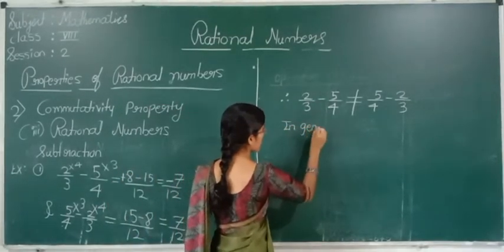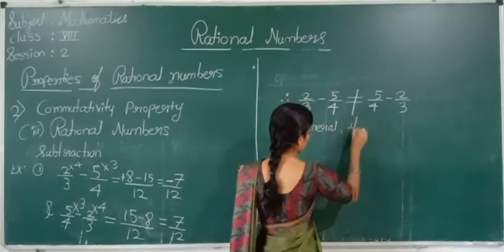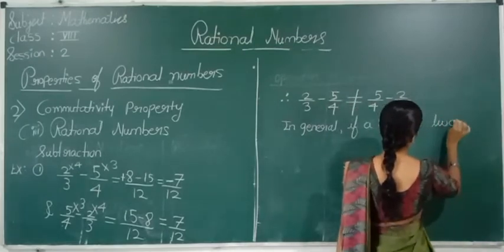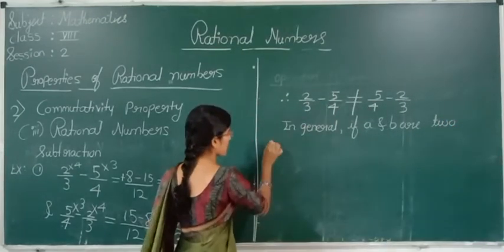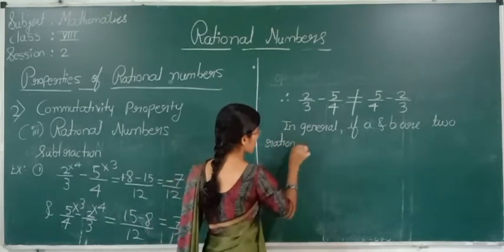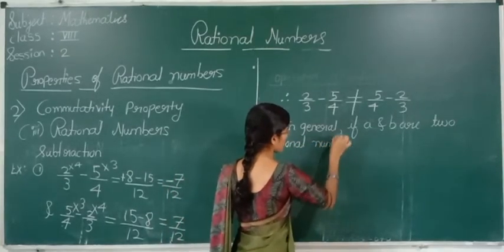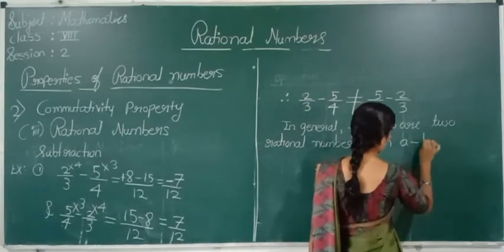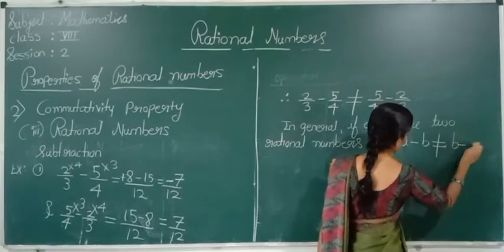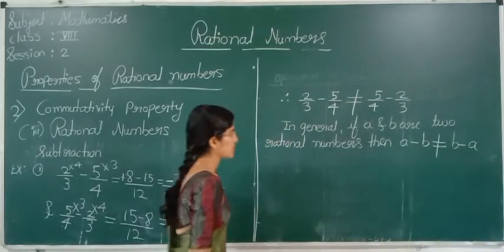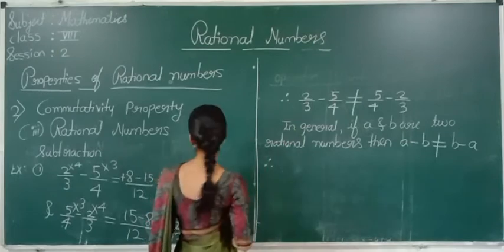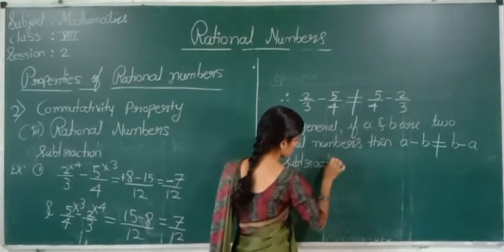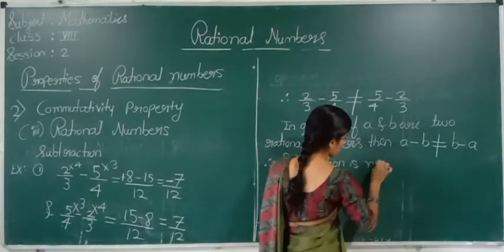In general, if A and B are two rational numbers, then A minus B is not equal to B minus A. Right? Therefore, subtraction is not commutative.